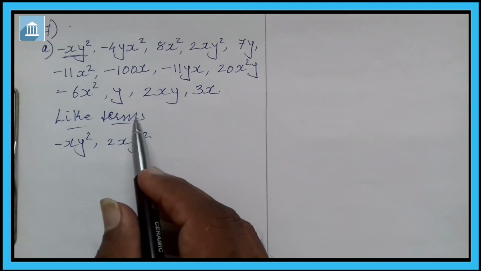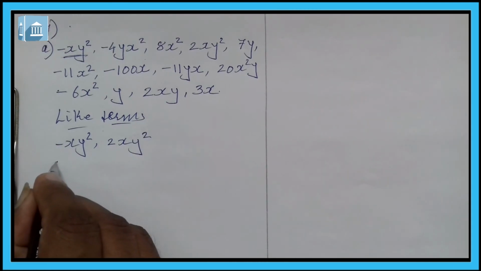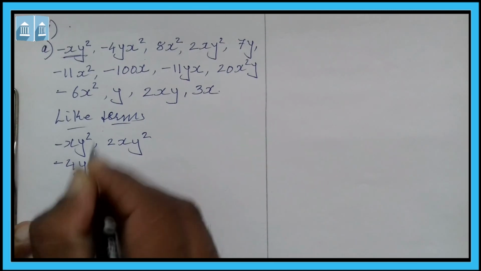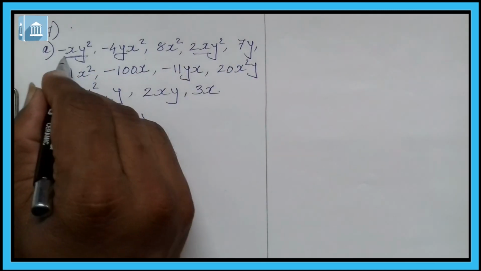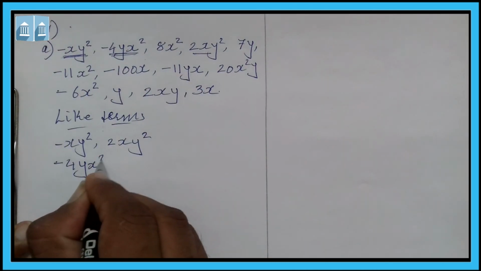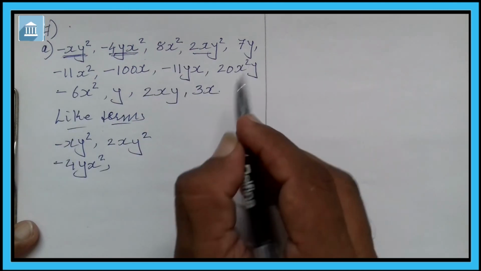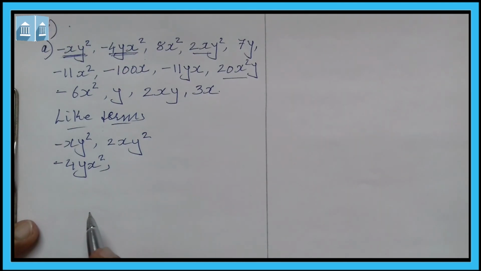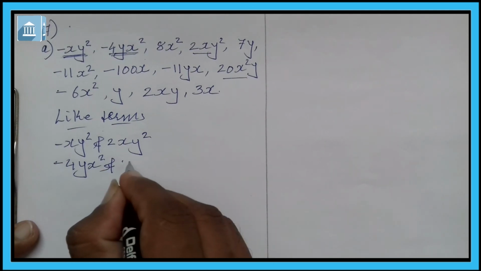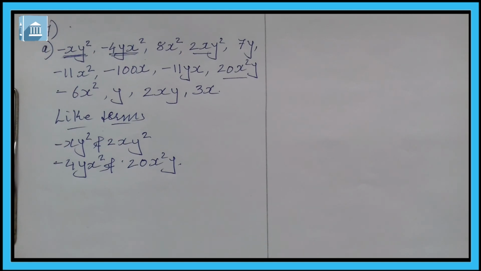So these are the two like terms of this. Then the second one is minus 4yx square. Then 8x square, this yx square, 20x square y. So we can say this and 20x square y. These both are again like terms.